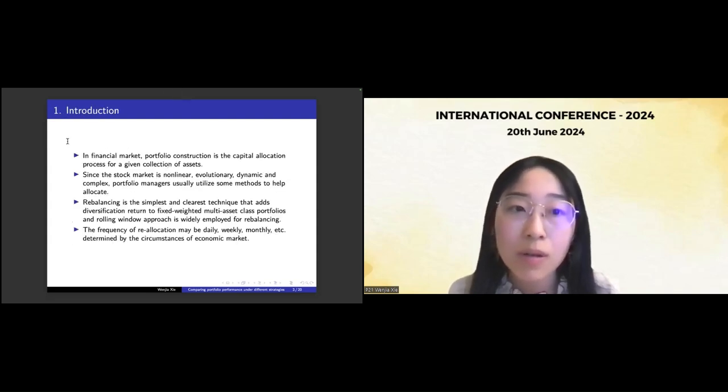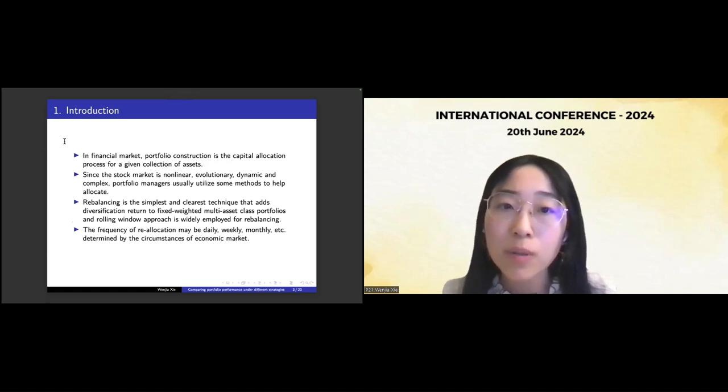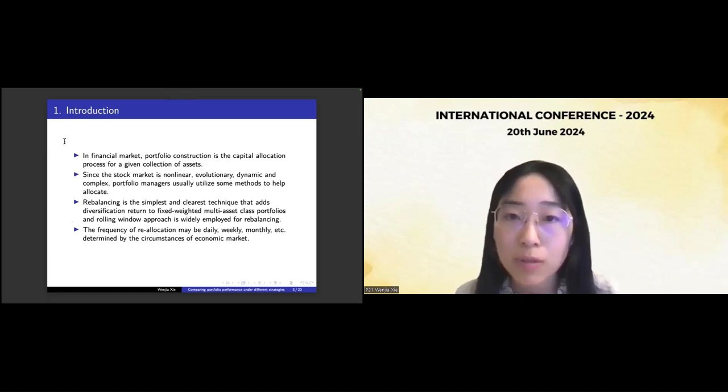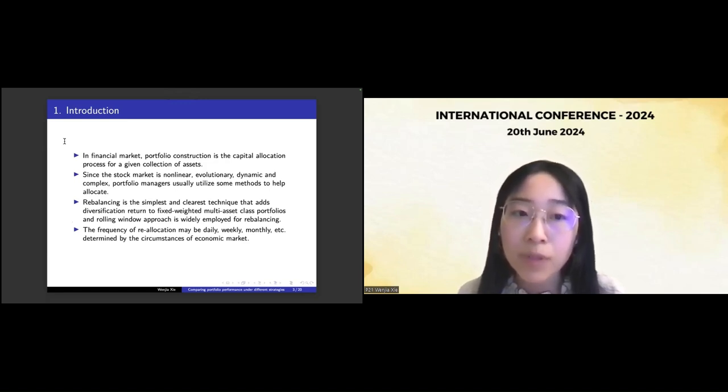introduction. In financial markets, portfolio construction is the capital allocation process for a given collection of assets. Since the stock market is nonlinear, evolutionary, dynamic, and complex, portfolio managers usually utilize some methods to help allocate.